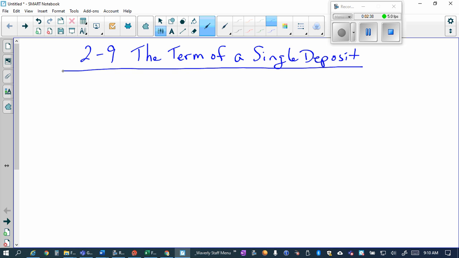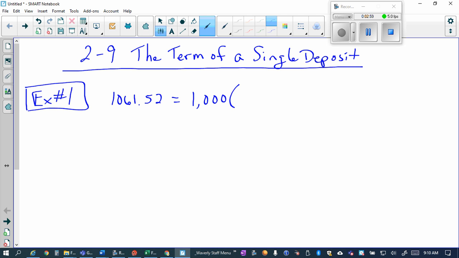So, in example 1, they give us 1061.52, which is the result of 1,000 times 1.01 to the 2t, okay?